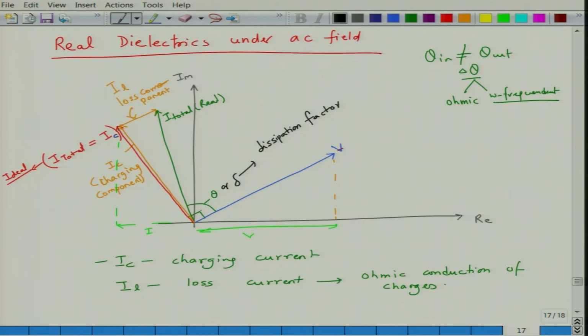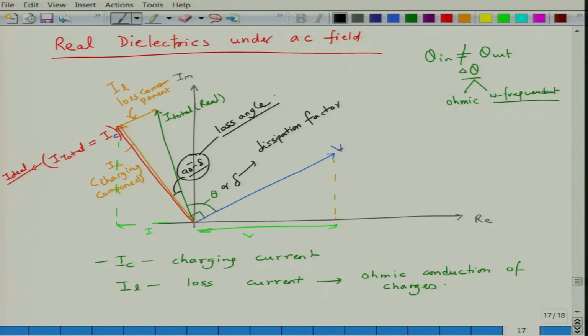If you look at this delta, this will become 90 minus delta. So, tan of 90 minus delta will be equal to I loss divided by I. Basically, this angle is the loss angle. The higher the loss angle, the more the loss current will be.